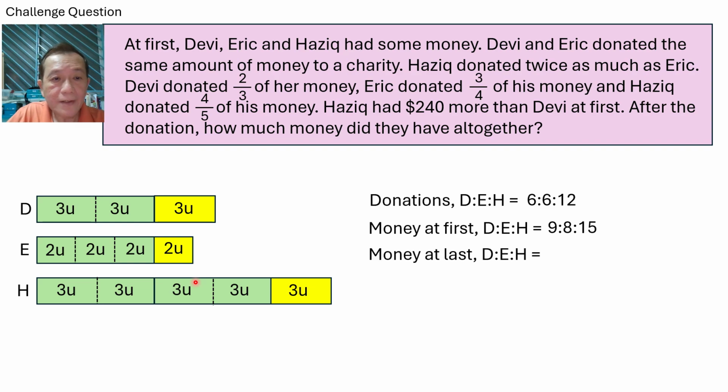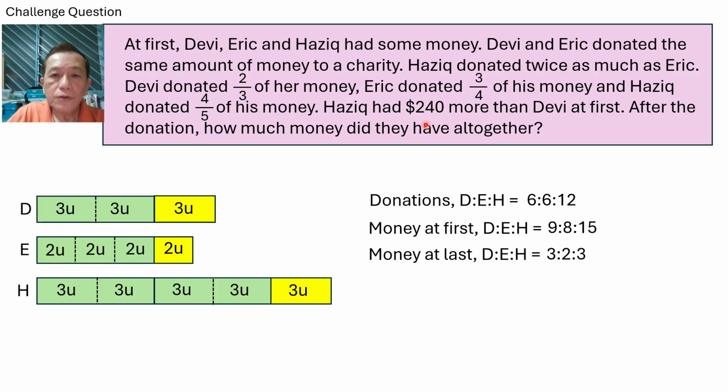Money at last, the yellow ones. Remember, green ones represent donations. So the yellow ones, 3 is to 2 is to 3.